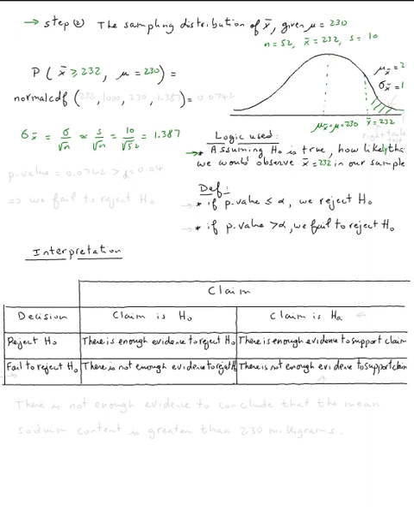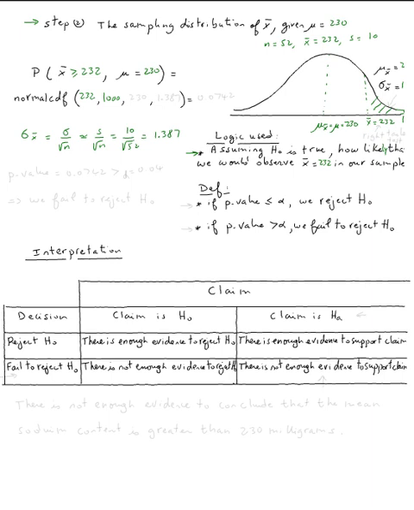We can find this area by going from 232 to like 1,000 or 10,000. So from 232 all the way to 1,000, use normal CDF. 1,000 is enough, it's more than 4 standard deviations.